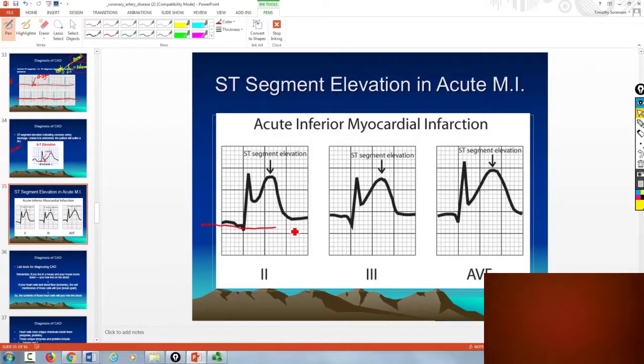Now, again, here you have the baseline, roughly. And as you can see, the ST segment is elevated above the baseline. Some of you have maybe heard this as the fireman sign. Right, it looks like a fireman's hat. Or tombstone T-waves.